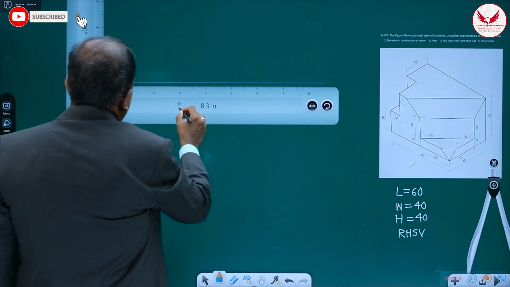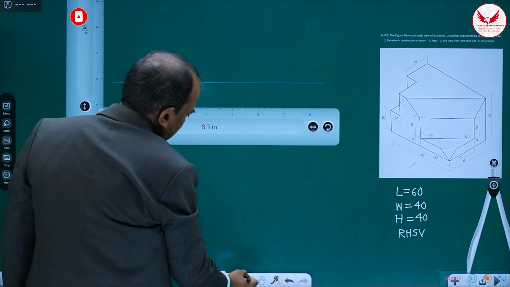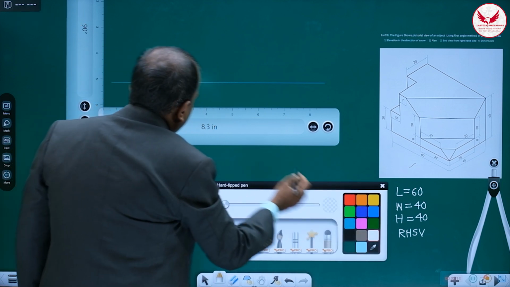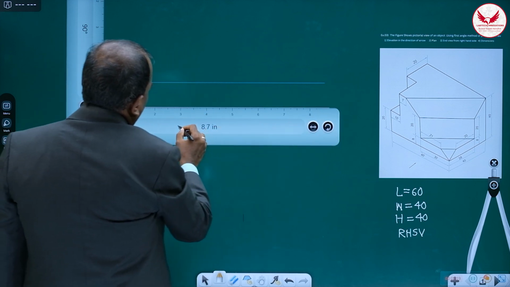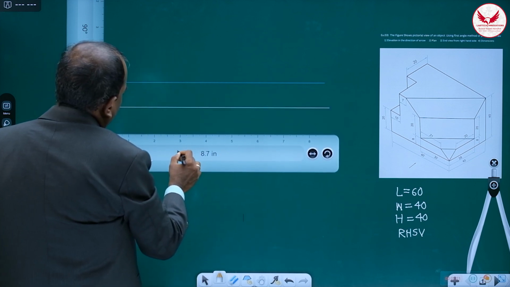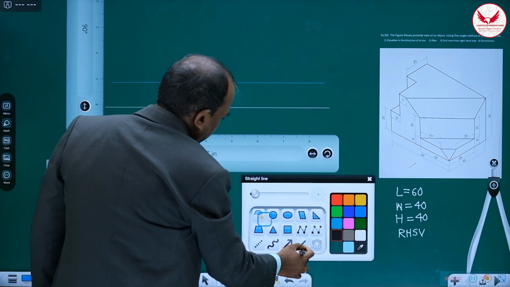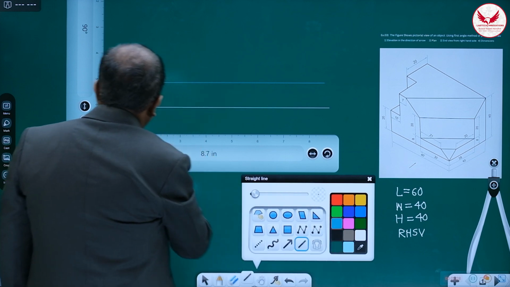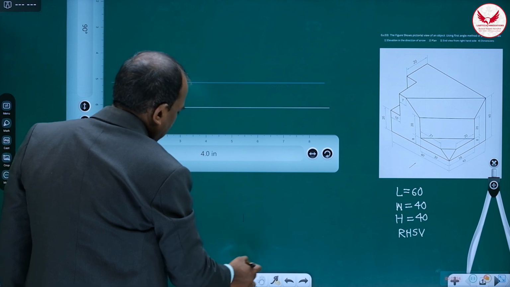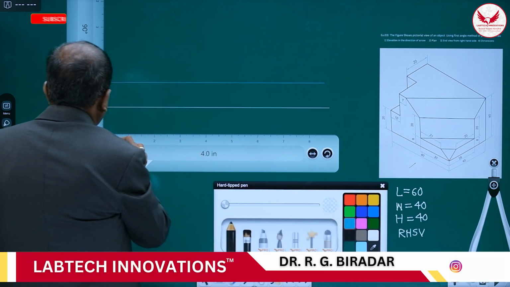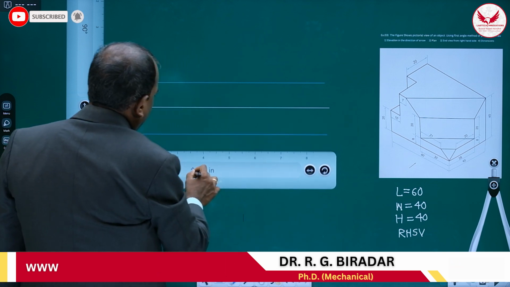Then leave a gap of 15 to 20 mm and immediately mark the second line as a dark line. It is going to be a reference line. Then the third line, again 15 to 20. You can take that gap randomly and draw this line. So these are the 3 lines.